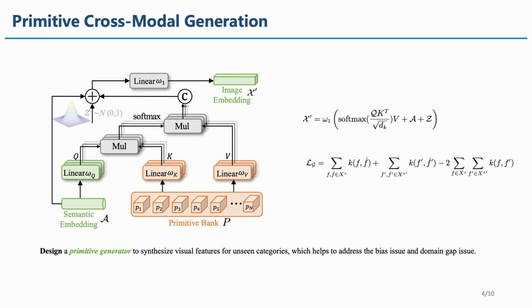This way, we obtain features composed of primitives and supervise them with actual visual features. Specifically, we use the maximum mean discrepancy, MMD, loss to narrow the gap between these generated visual embedding features and real ones. In summary, with the assistance of primitives, when given a semantic embedding as input, we can generate the corresponding visual embedding.